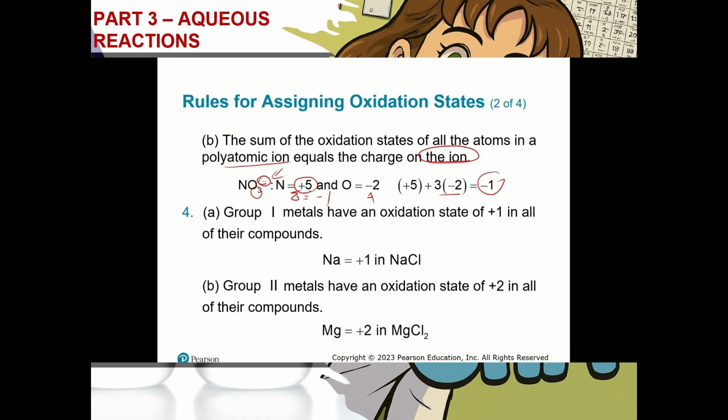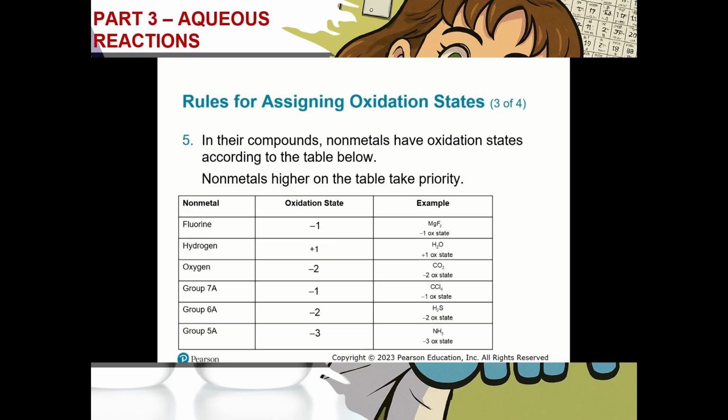Group 1 metals have oxidation state +1 in all of their compounds, and group 2 +2, as I said before. In compounds, non-metals have oxidation states according to the table. Fluorine is always -1. Hydrogen will be +1, as in the example here with water. Oxygen is -2.